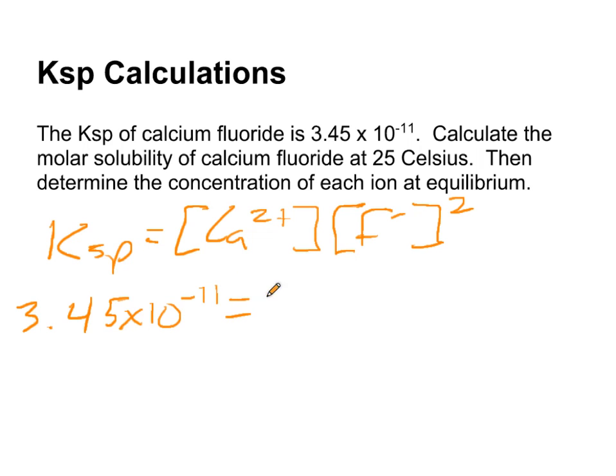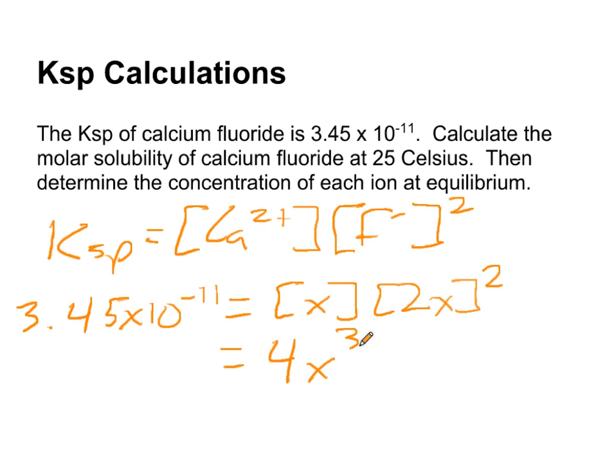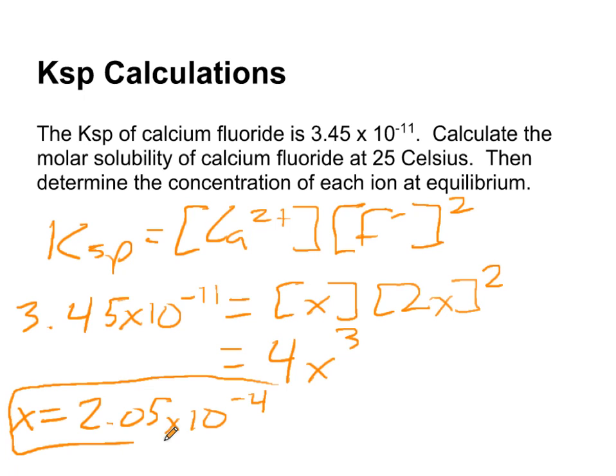That's equal to x times 2x squared. So 3.45 times 10 to the negative 11th is actually equal to 4x cubed. We have to remember to square the coefficient as well as the variable. When we solve this, x ends up being equal to 2.05 times 10 to the negative 4th. So that's x. This is my molar solubility.